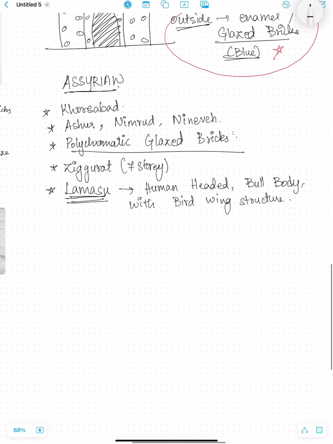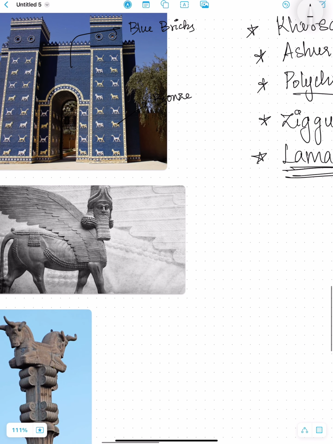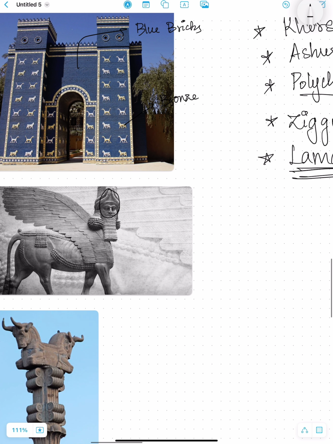So it looked like this. So you see human face, bird wings, body of bull, or sometimes even lions were used.